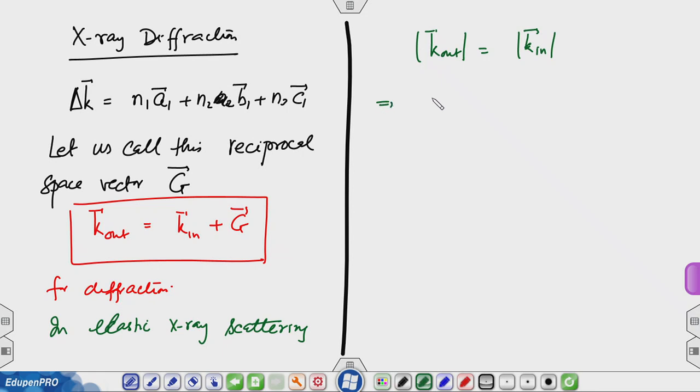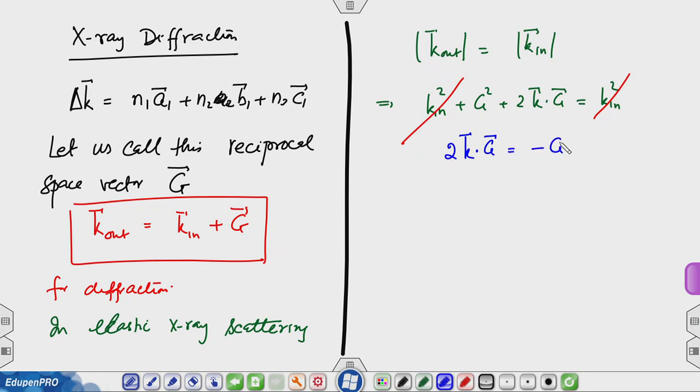And this means k in square plus G square plus 2 k dot G is equal to k in square. This cancels, and you get a condition that 2 k dot G is equal to minus G square, or you can also write it plus G square by taking negative of G. Let us take the plus sign because that is more convenient.